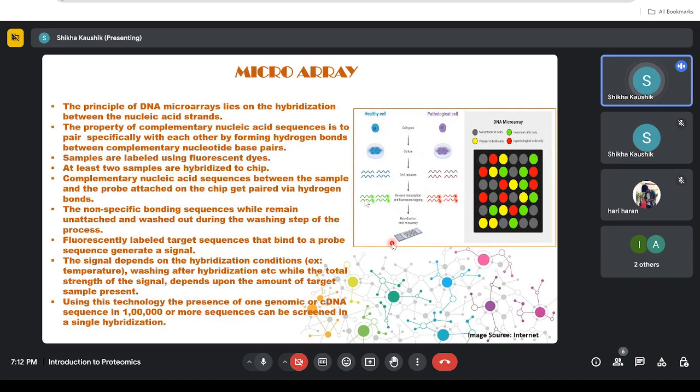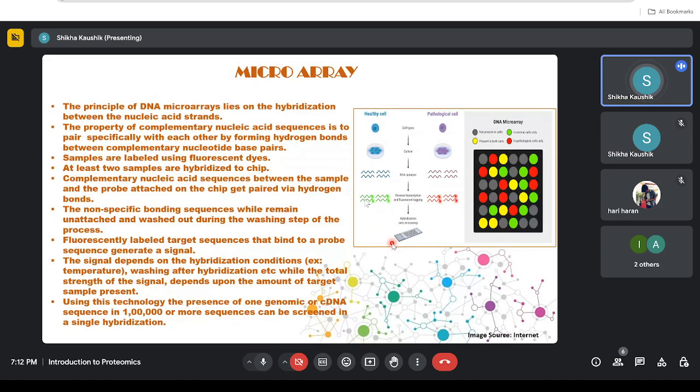So microarray is one of such techniques that we utilize in systems biology, and it's a proteomic-based study. Initially, when researchers started doing microarray, it was DNA microarray, and it relies on the principle of hybridization between nucleic acid strands.